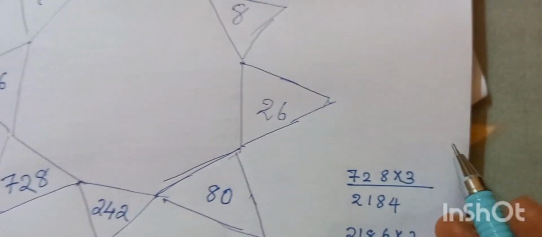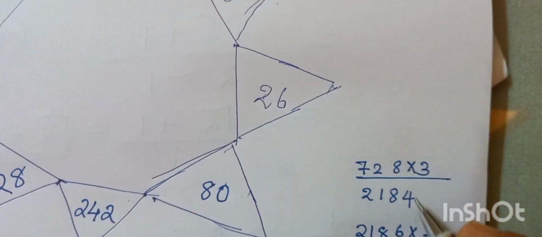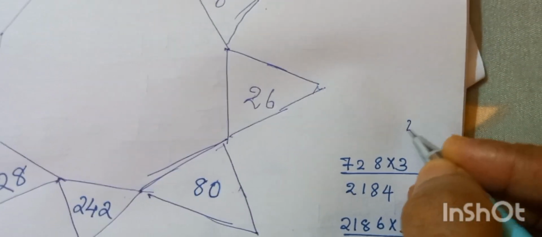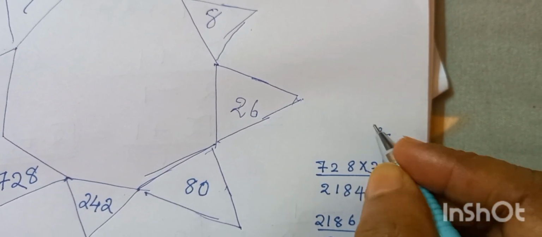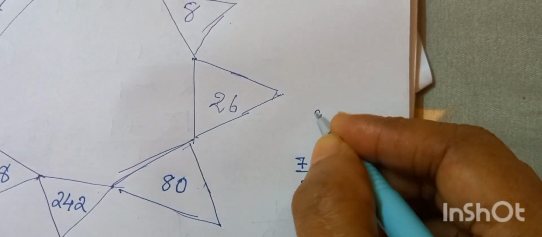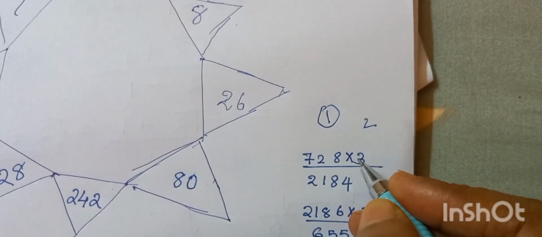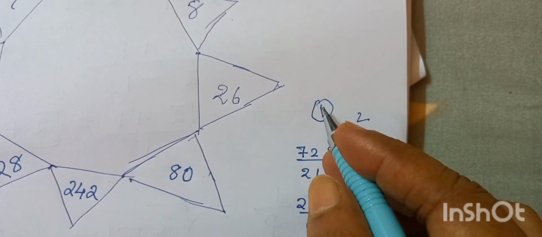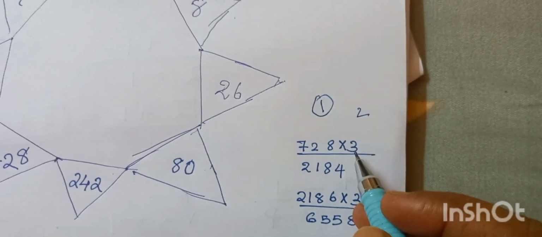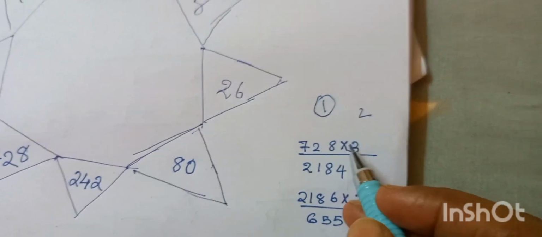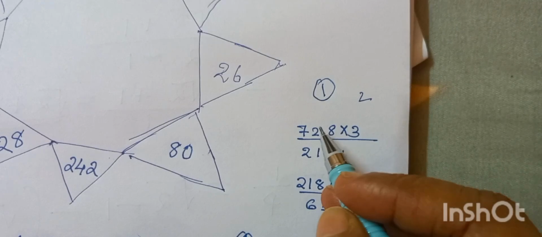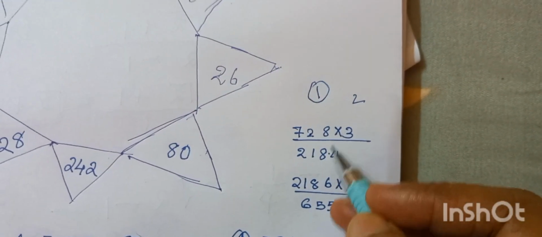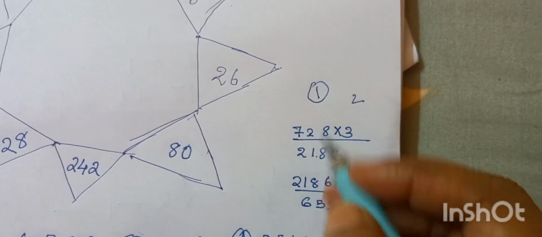Then 728 into 3. Let's check. 8 3s are 24. 2. 3 2s are 6. 6 plus 2, 8. Carry over 1. 7 3s are 21. 21 plus 1. 8 3s are 24. 2. 3 2s are 6. 6 plus 2, 8. 7 3s are 21.